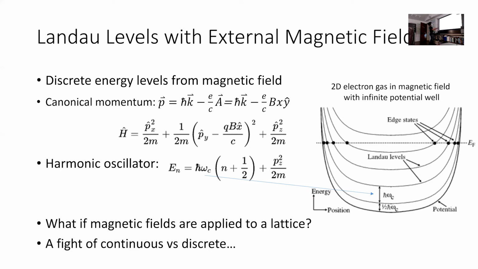So this is a particular gauge that I chose, where I'm pointing in the y direction, but it has B times x as its quantity. And when you do that, that ends up giving you this Hamiltonian because you want to use the canonical momentum in the Hamiltonian. And since this includes x, we actually end up getting a harmonic oscillator because we have p_x squared and we have x squared. Sorry, that shouldn't be a hat. That should be just x.